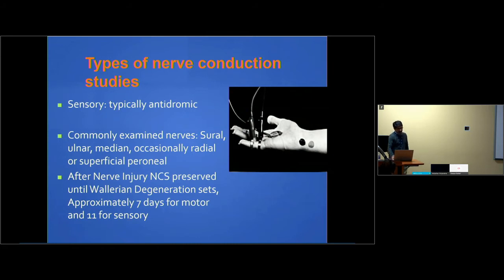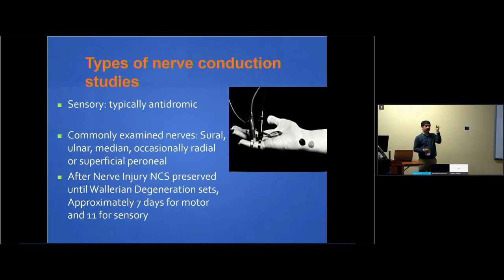So what's important about sensory nerve conductions is that when there is a pathology that is distal to the dorsal root ganglion, then the sensory nerve action potential may be affected.